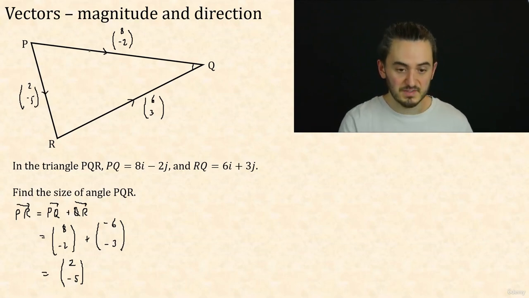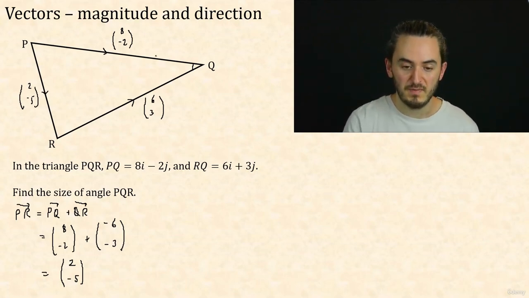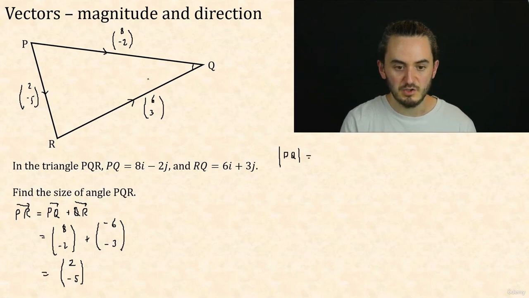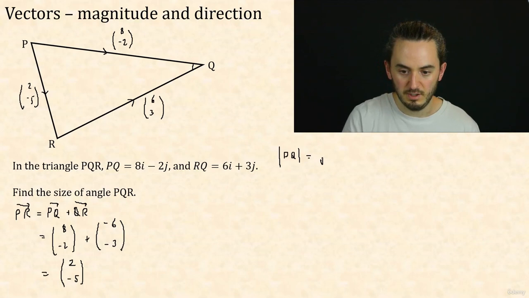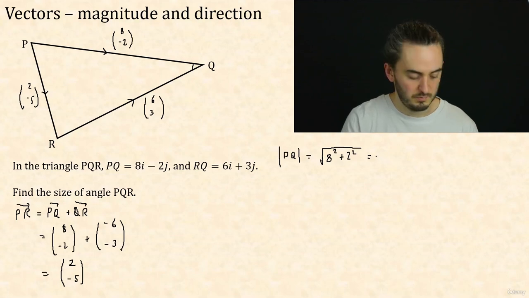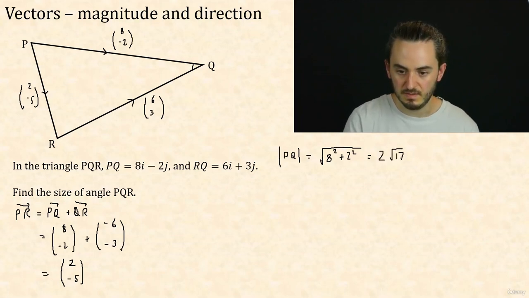So what are the lengths then of each of these? Well, I'm going to do Pythagoras for each of those. So the modulus of PQ, or the magnitude, is just Pythagoras on that. So it's the square root of 8 squared plus 2 squared, which is root 68, which is 2 root 17.